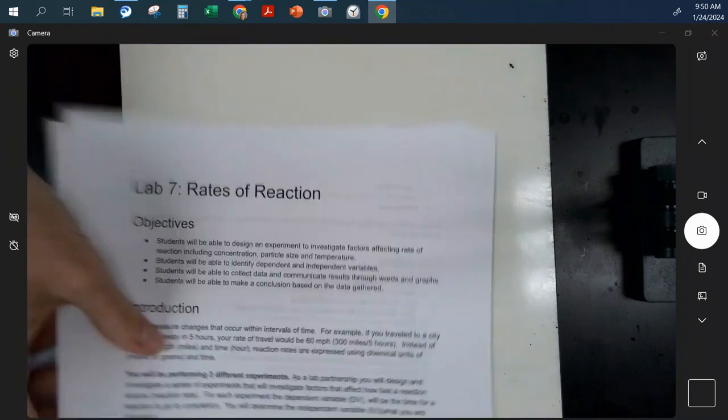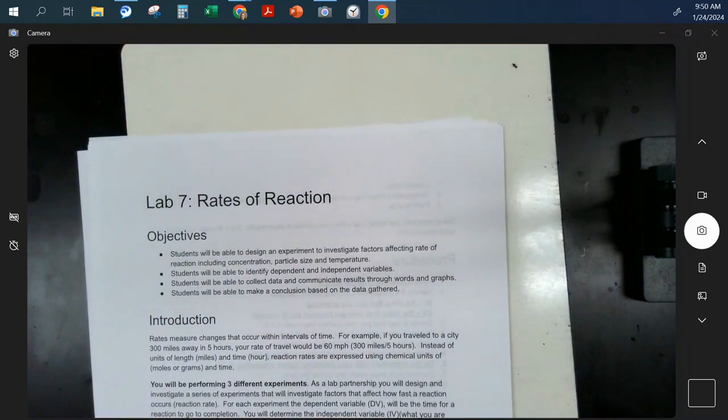So this is our paper. This is the instructions. Okay, this next one is an extra paper. If you think this will help you, you can use it. If this is confusing, don't use it. It's about the lab, and it kind of gives you a template to build your procedure. But if it's not helpful, then don't use it.